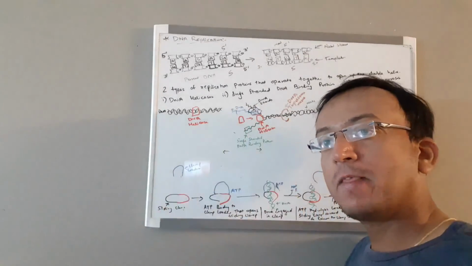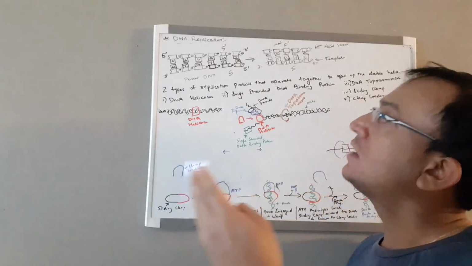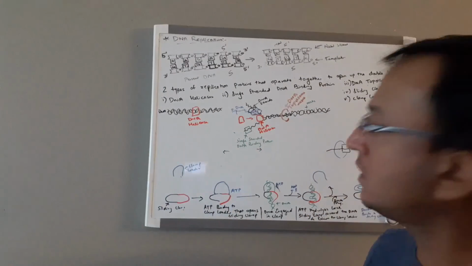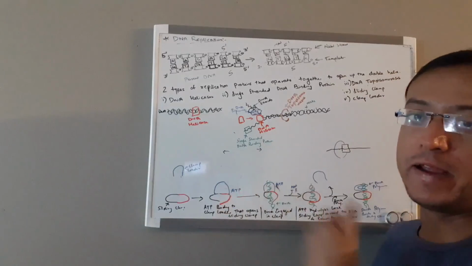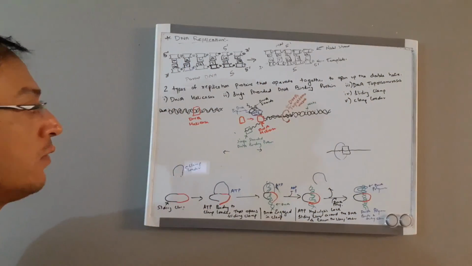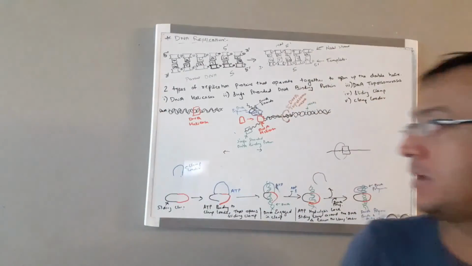And then once the primer is built, the DNA polymerase can take over and it continues to replicate the DNA. Alright guys, so that was our replication machine, that is the DNA replication process.